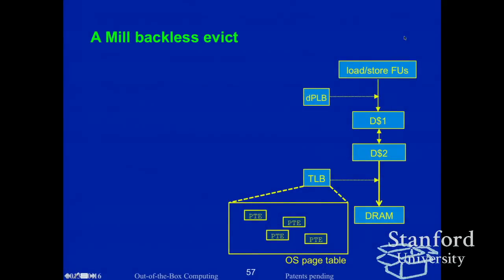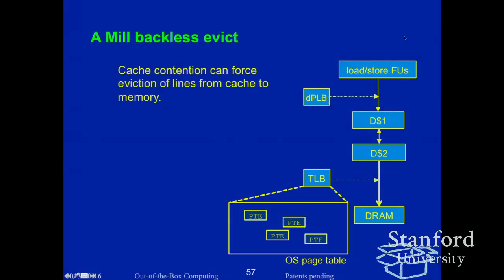The other side of accessing DRAM is an evict. Bear in mind the stores only go to the top level, but eventually cache gets busy and we wind up evicting dirty values that have to be written back. Well, that eviction, you will always pick a victim. That victim, of course, will be in the second level cache because that's things that get written out. So we select the least recently used line, standard algorithm, and let's say it's that line. We'll search for a page table entry. Guess what? There ain't one.